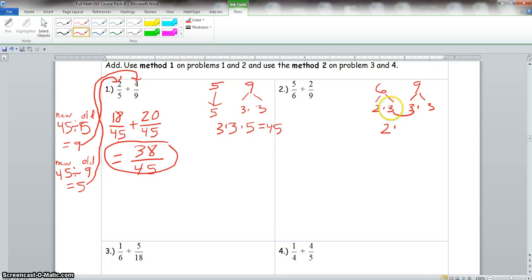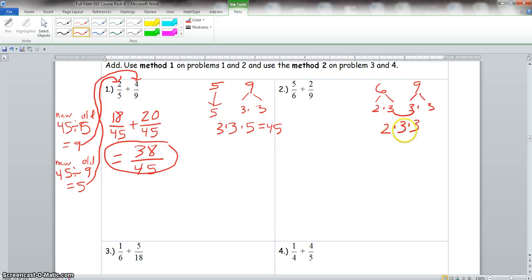Okay, now whenever you have a factor from the first number that matches up with a factor from the second number, you only write that number once. Again, we had the factor of 3 from 6 and a factor of 3 from 9. They matched up, so you only count it once. Now what we're left with is this extra 3 here, which we bring down because it doesn't match up with anything else.